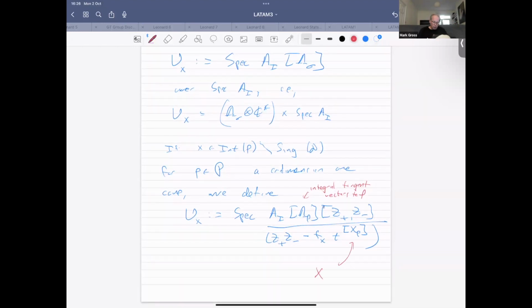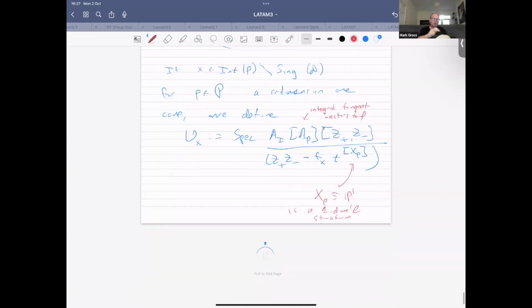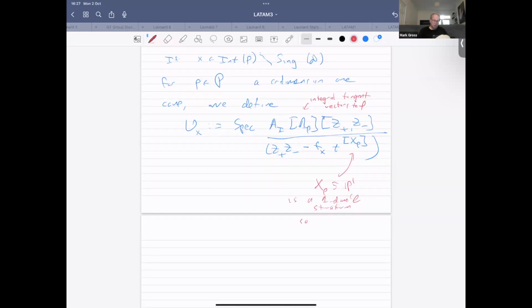Recall x rho is isomorphic to P1, a one-dimensional stratum. So by the assumptions on P, necessarily the curve class of x rho lies in P. So this is the homology class of x rho. This lies in H2 of X, Z.